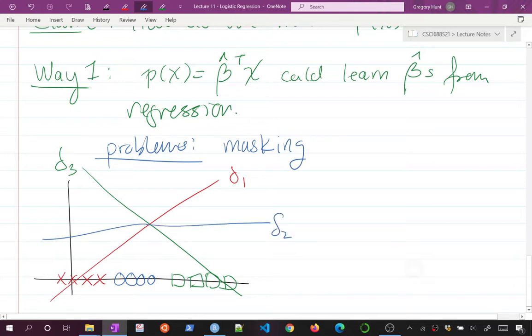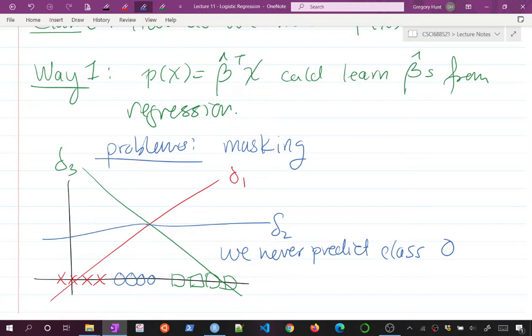I would never predict class circle, because delta 2 is never the largest. It's masked by delta 1 and delta 3. And the reason it gets masked is because of the rigidity of this linear assumption, and the way it learns these discriminant functions is not going to be kind of amenable. You're going to run into this problem quite a lot.